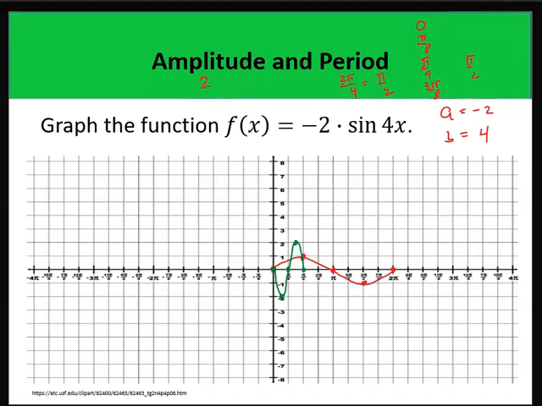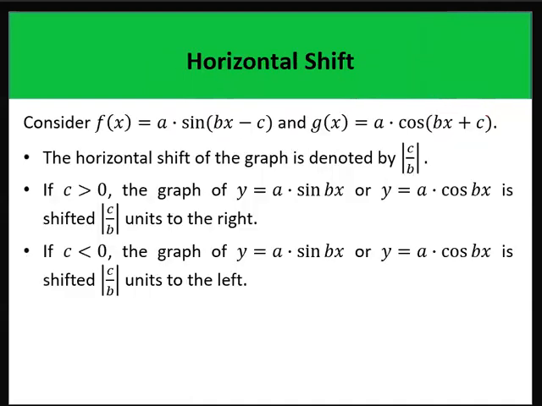Okay, next, since you already know the amplitude and the period, this time let's apply the horizontal shift to the graph of the sine and cosine function. So first, let's consider the function f of x is equal to a times sine with parameter b times x minus c, and g of x is equal to a times cosine with parameter dx.